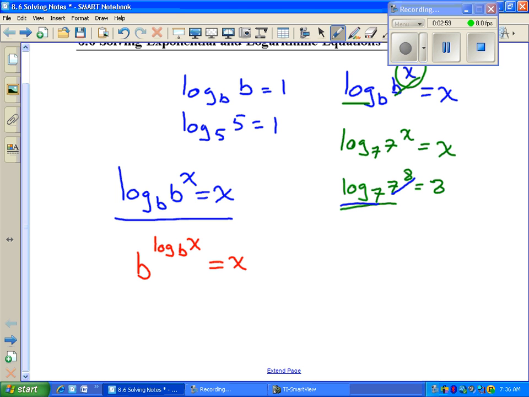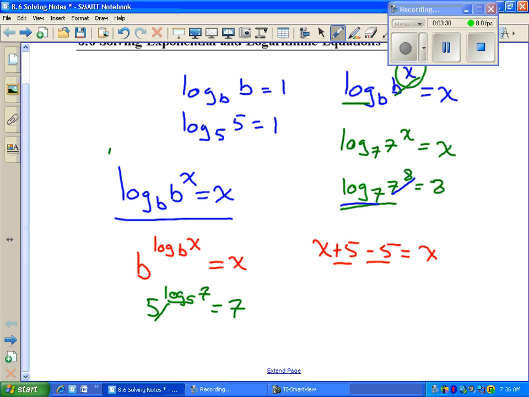What in the world am I doing? Well, remember, if I say x plus 5 minus 5 is equal to x, that says addition and subtraction are inverses. I'm doing the same thing with logs. So if I have 5 to the log base 5 of 7, where 7 is the argument, then my answer is 7, because the exponent and the log cancel each other, and the argument is what's left.